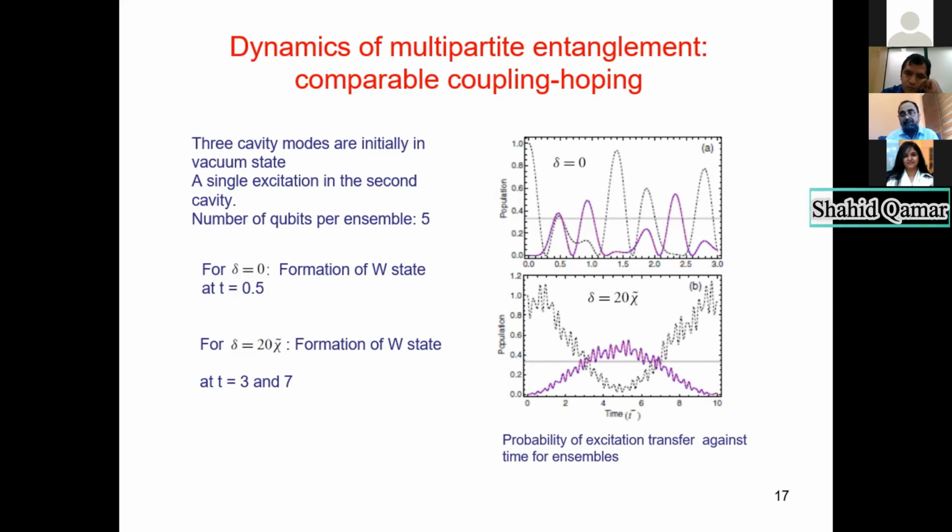From this study, we are predicting that if you choose such and such interaction time, you'll get the entanglement or W state. It is not for all time. It is how the system behaves. Okay, so to summarize, the introduction of detuning gives you the possibility to obtain the W state at two different times for this particular case.